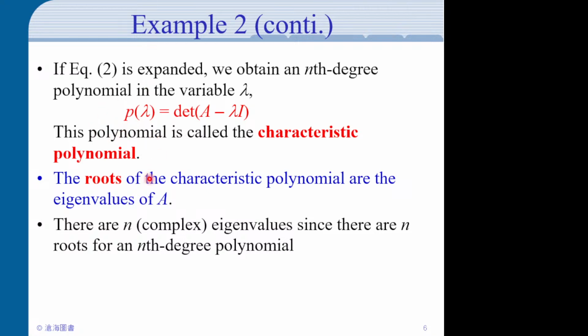So solving the characteristic equation is solving P of lambda equal to 0, and those solutions will be the roots of the polynomial. And so now we know the roots of this characteristic polynomial are the eigenvalues.